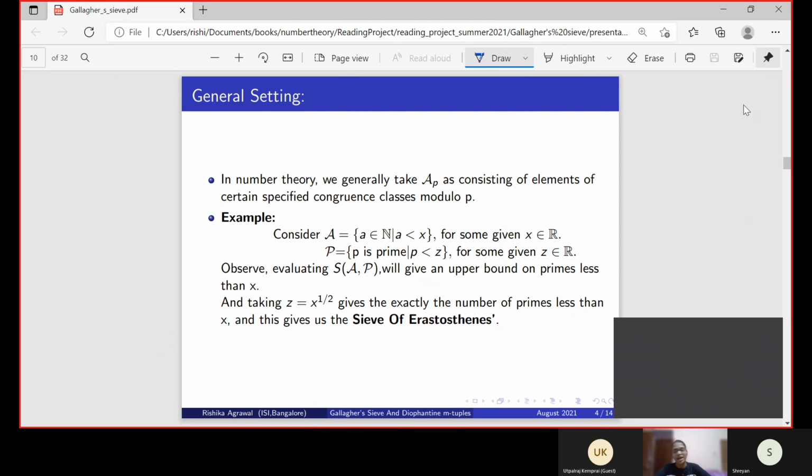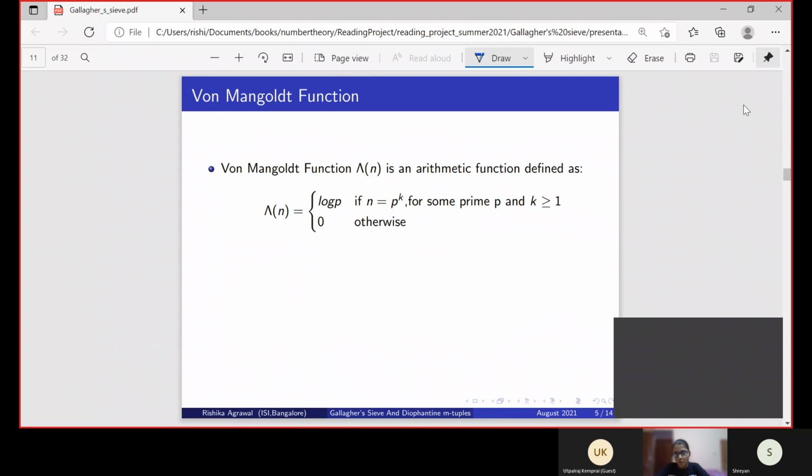Next, we'll move on to the Gallagher sieve, and before looking at the Gallagher sieve, we'll look at a function known as the von Mangoldt function. The von Mangoldt function is a very important arithmetic function in number theory. In any book on analytic number theory, you'll see this function occurring many times.